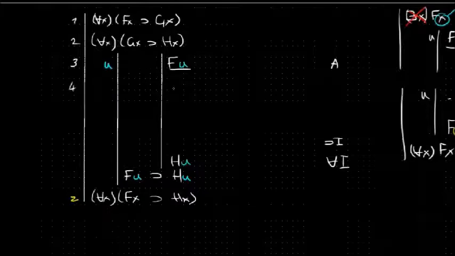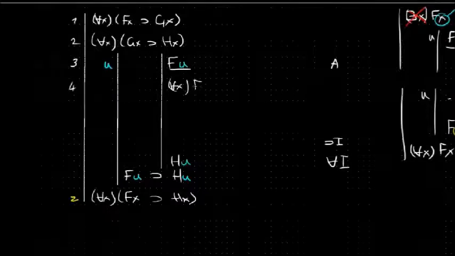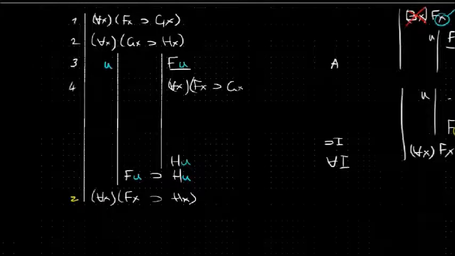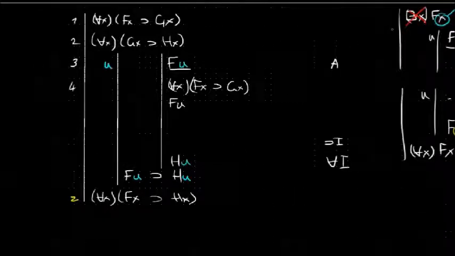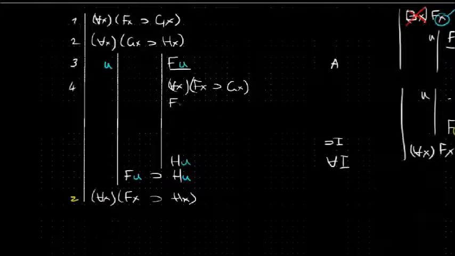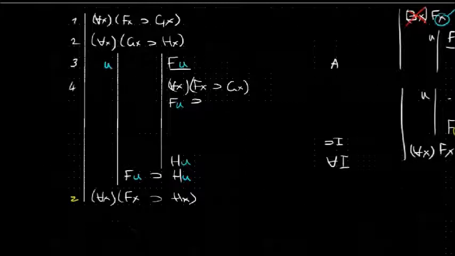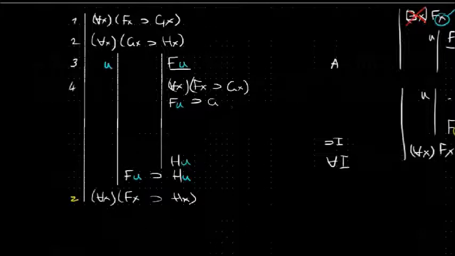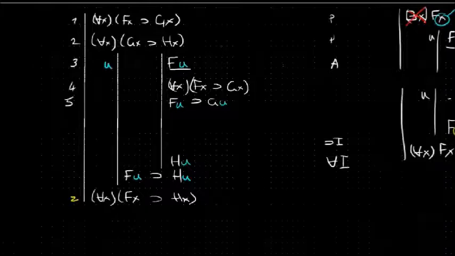So if we reiterate up AX, FX, then GX, then we can eliminate that universal quantifier to get FU. Again, let's use our blue to do that. FU, then GU, and from that, so these are two premises, that was 2 reiteration.